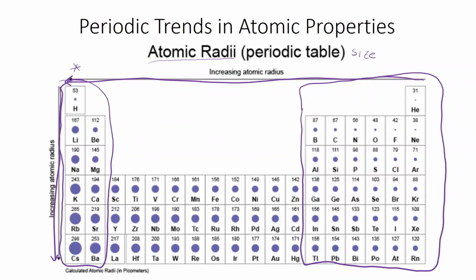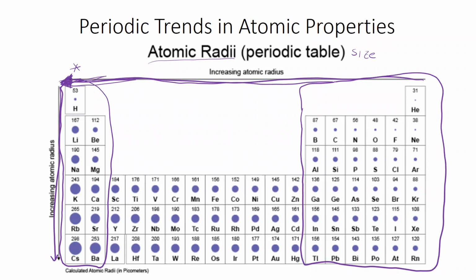But if you look at the other part of this trend, as we go across a period, it was written here as increasing atomic radius from right to left. My arrow was right to left increasing. I think that is the harder one to visualize, and I'll try to explain this even better than just giving you the direction.